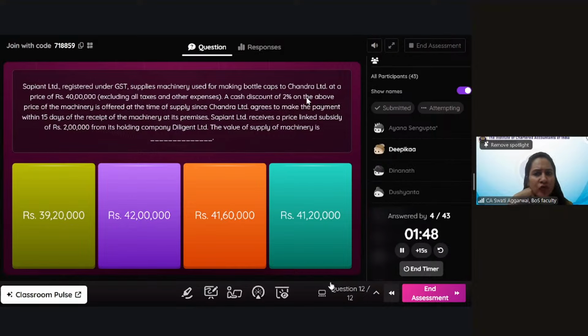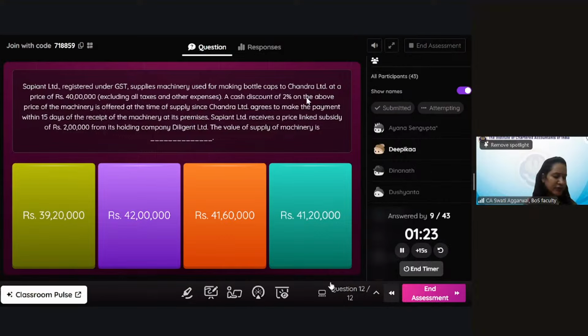Cash discount of 2% on the above price of machinery is offered at the time of supply, since Chandra Limited agrees to make the payment within 15 days of receipt of machinery at its premises. Sapient Limited receives a price-linked subsidy of 2 lakh from its holding company Diligence Limited. Value of supply of machinery is 39 lakh 20,000, 42 lakh, 41 lakh 60,000, or 41 lakh 20,000?